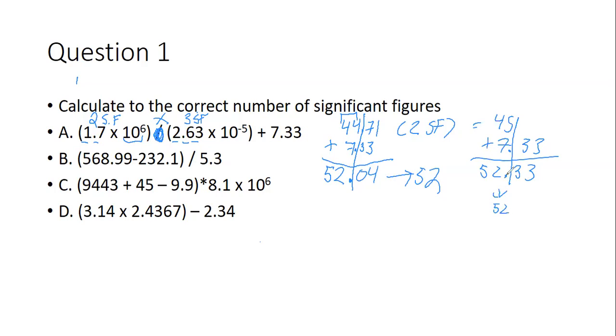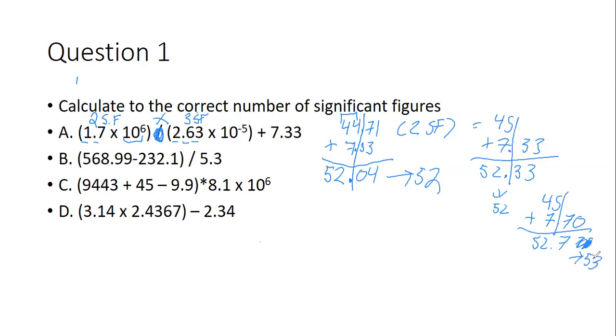Let's just say, though, for the sake of argument, that instead of 7.33, this number was like 7.70. So 45 plus 7.70, and then you'll get 52.7 rounded up, then that'll become 53.